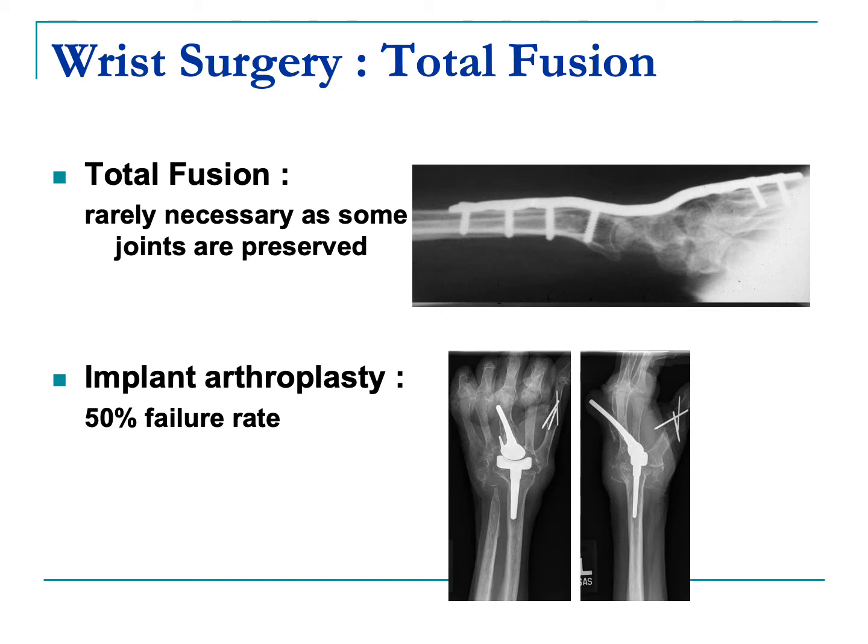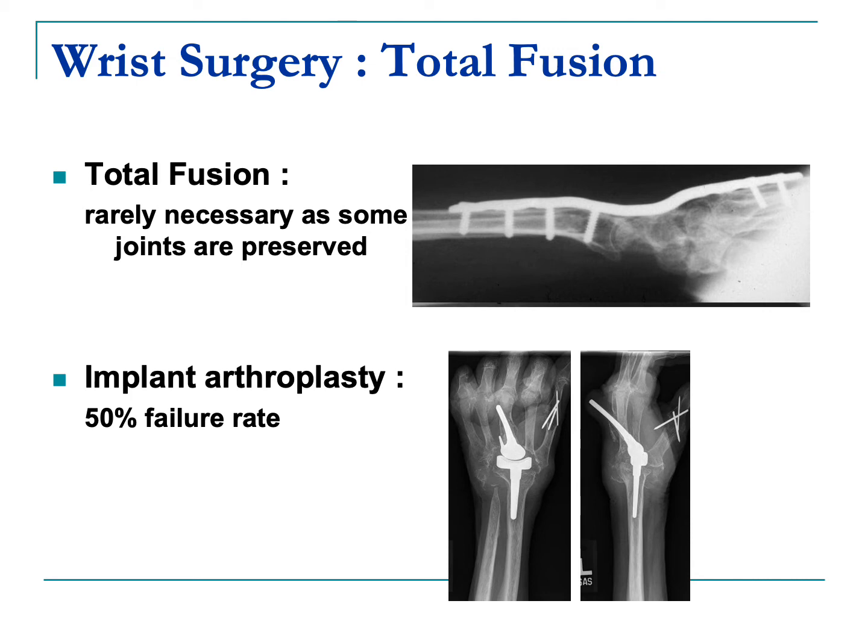If, however, there is severe arthritis involving both the radiocarpal and the midcarpal joint, or if there's been a failure of proximal row carpectomy or midcarpal fusion, then full wrist fusion is a very effective operation in relieving pain, but obviously at the expense of motion.